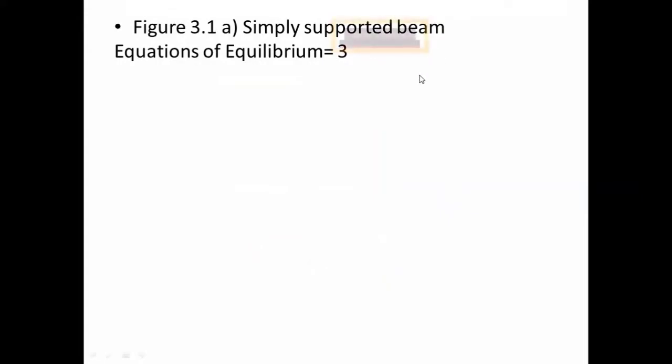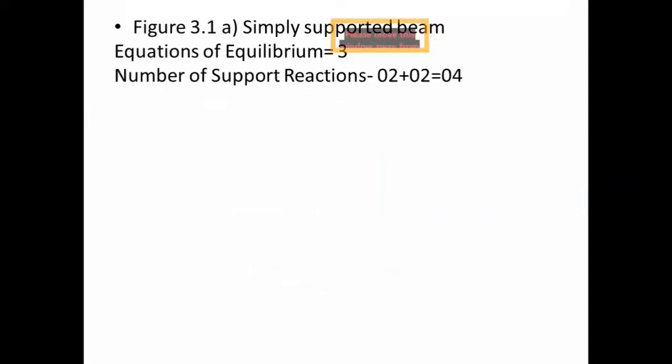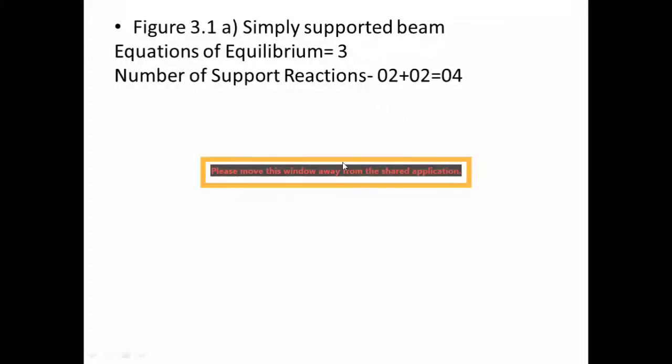Now, what is the next step? We have to find out the number of support reactions. How many support reactions are there in this beam? They are 4. Why are they 4? Both the supports are hinge type of supports.